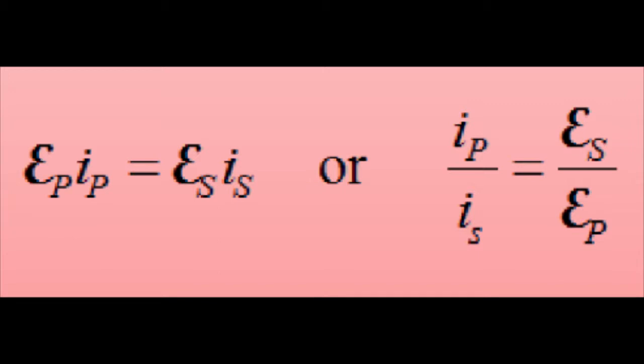Something similar happens with the intensity. If we want the intensity of the second coil, we need to multiply the intensity of the first coil by the number of turns of the first coil divided by the number of turns of the second coil.